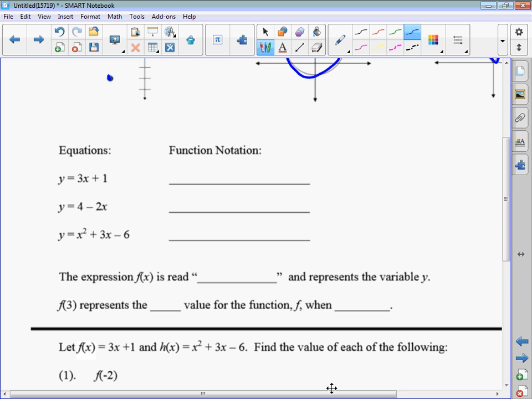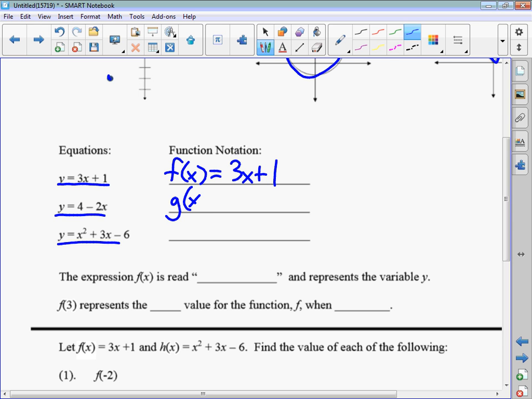Now, something that we're going to talk about right here is called function notation. And we can rewrite each one of these equations right here in function notation. We're just going to change one part. We're going to make each one of them look a little bit different. Function notation says f of x equals 3x plus 1.